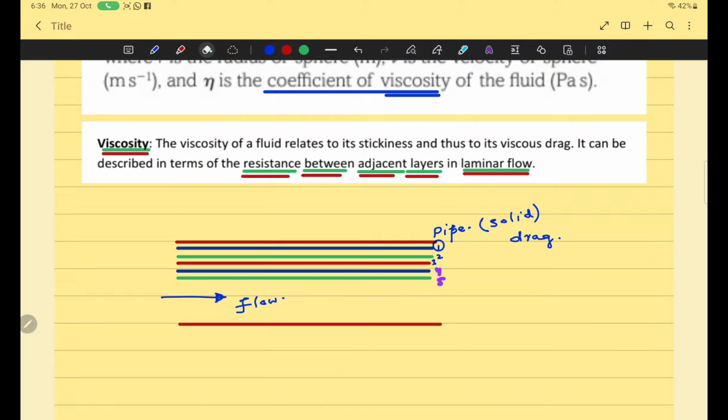So I have given you this concept, but when we will be solving questions, inshallah, it will be explained more. In simplicity, you can understand, sir, viscosity is a resistive force, drag is a resistive force. But what is the difference? The difference is viscosity is the resistance between two layers of fluid, and drag is the resistance between pipe and fluid, solid and fluid. It is called drag.